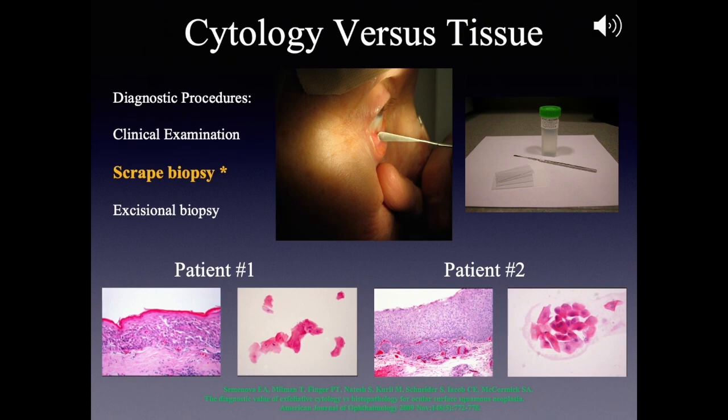Here, we use scrape cytology to establish that the tumor cells were indeed malignant. As you can see on the bottom rows, there's quite a difference between pathology or histopathology and cytology. Clearly tissue is required to establish the diagnosis of invasive disease. However, cytology can be used to establish that the cells are malignant.